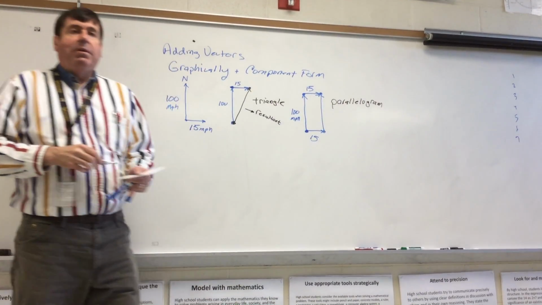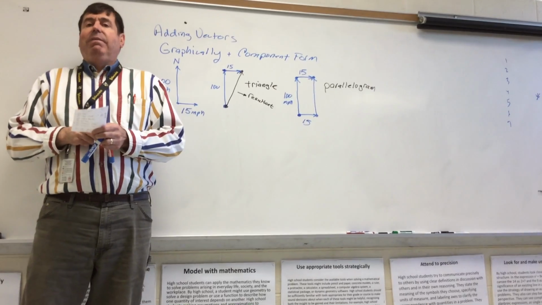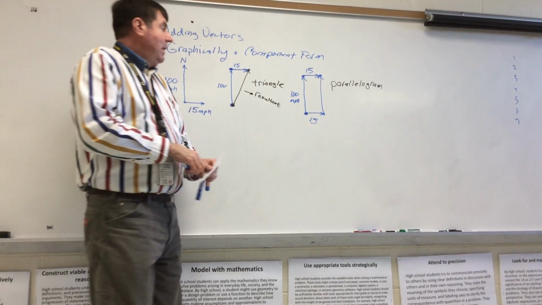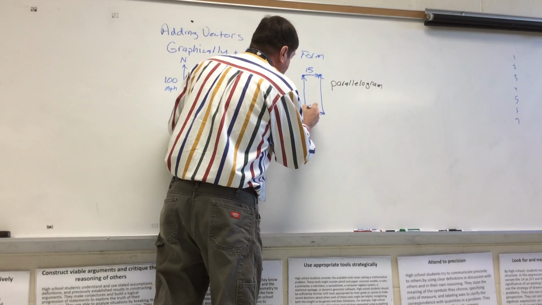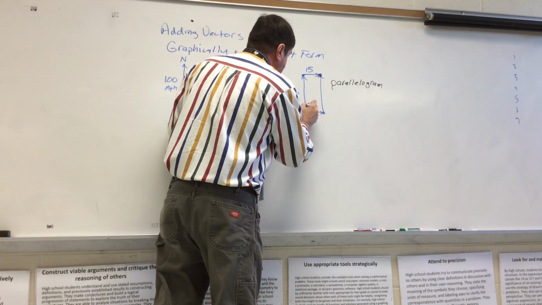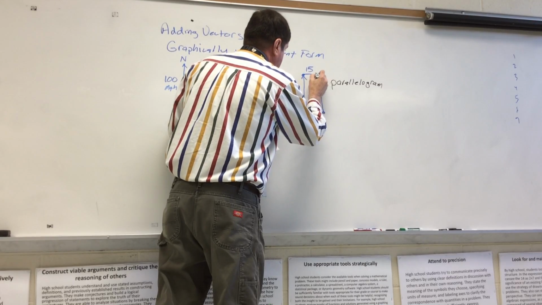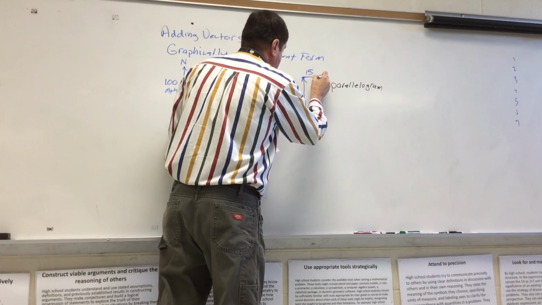Okay. So this is called the parallelogram method of adding vectors graphically. Now, where's the resultant? What part of the parallelogram am I drawing here? A perpendicular. What's that called?